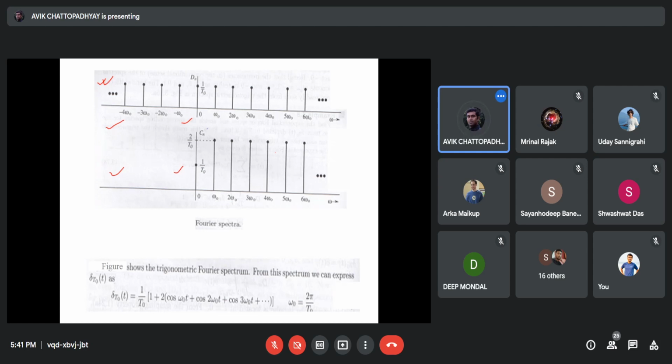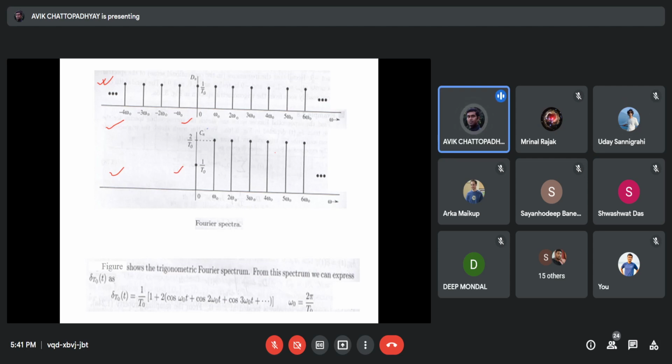If you neglect one component, where will you truncate? From which component onwards will you neglect? Up to which range will you consider and beyond that not consider? Can you select? Because each component is contributing equally, with equal importance.